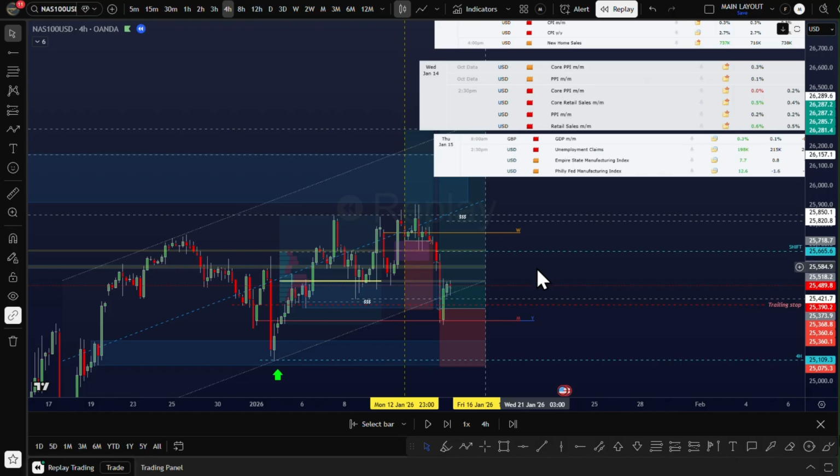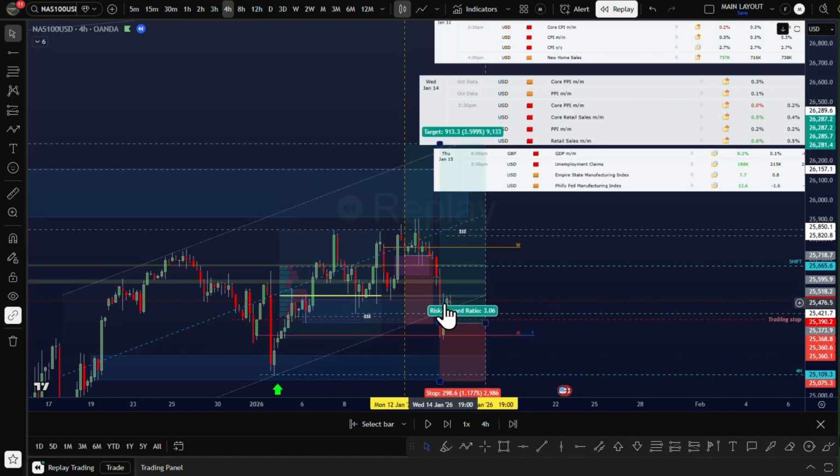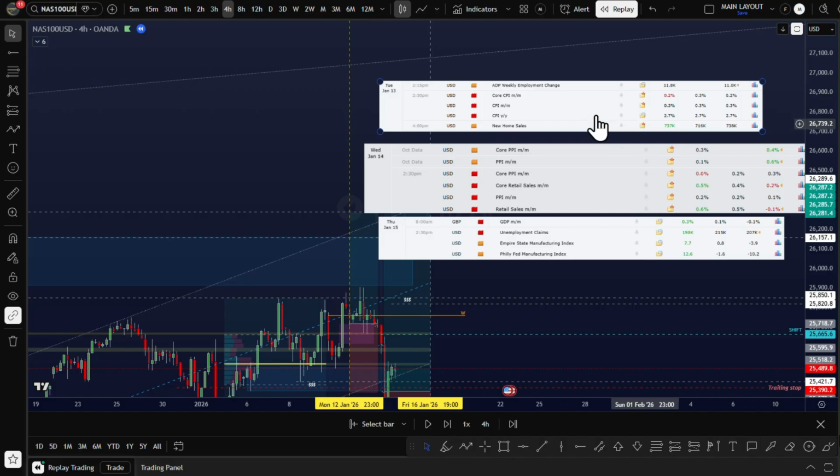So I expect price to rise based on this data. We also have retail sales, which came out pretty good, and retail sales are also good for businesses.